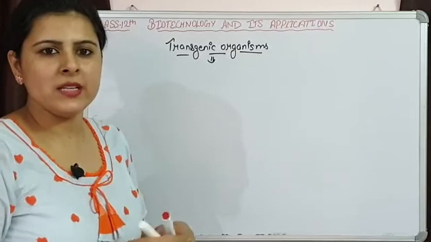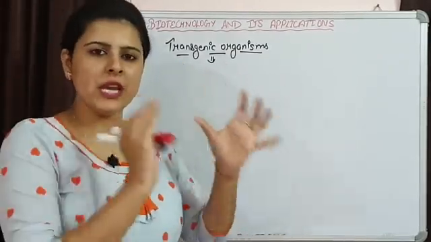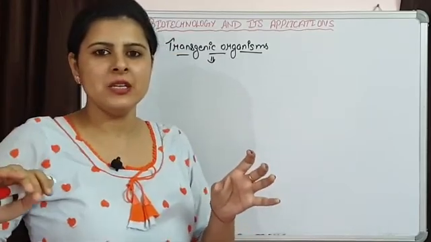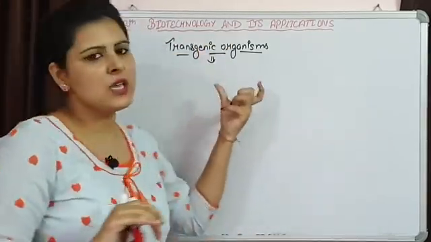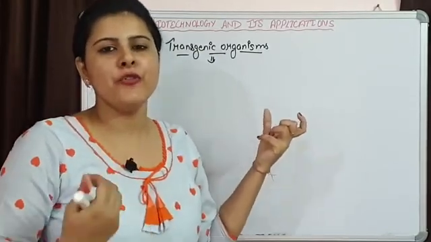These are the organisms which have a foreign gene, because with the help of recombinant DNA technology we have inserted a foreign gene into the genome of these organisms, and this is how we have changed their phenotype.